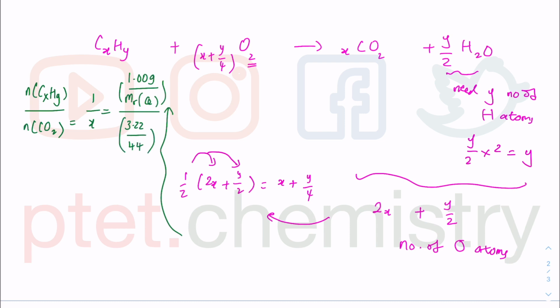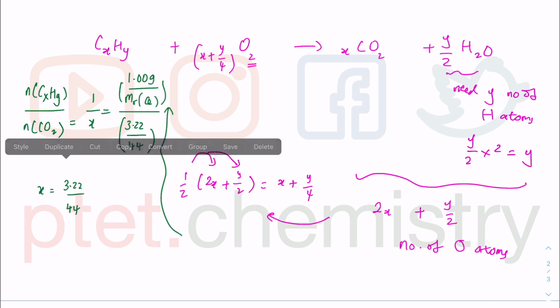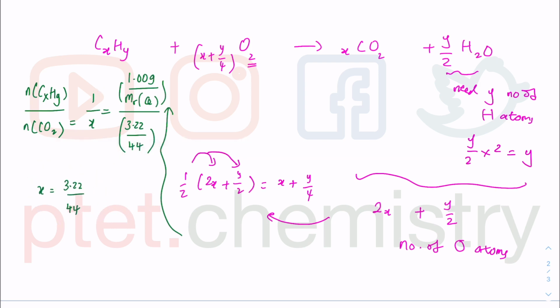If you run the math, what I want is x as the subject. So x is equal to 3.22 over 44. Hang on, not yet finished. So I invert it. So 3.22 over 44 divided by that, so that is times the Mr of Q over 1.00.